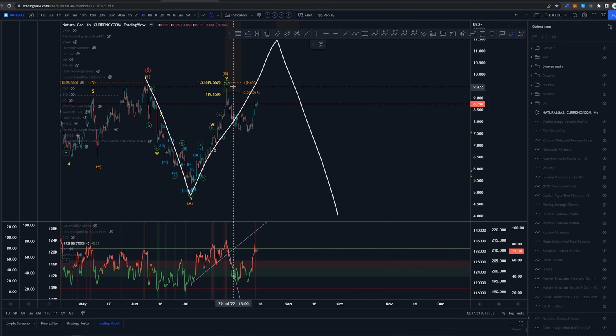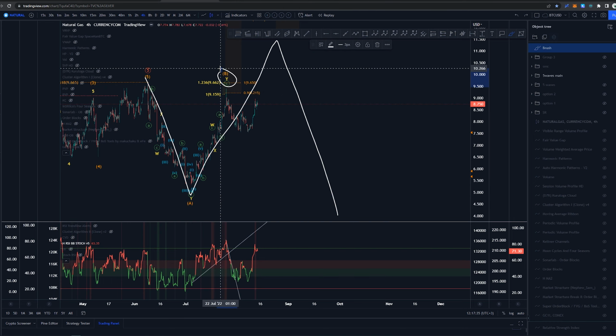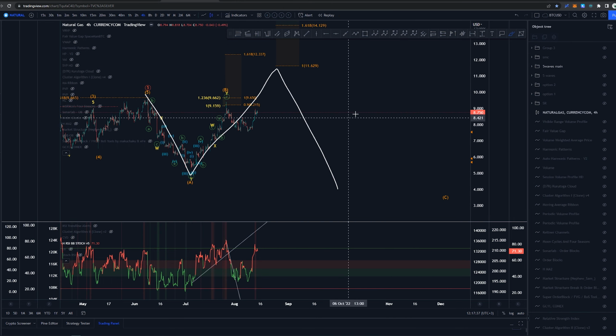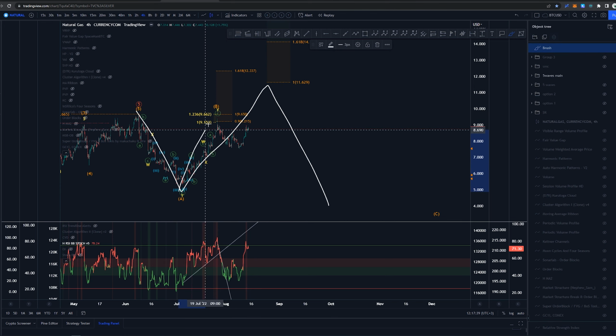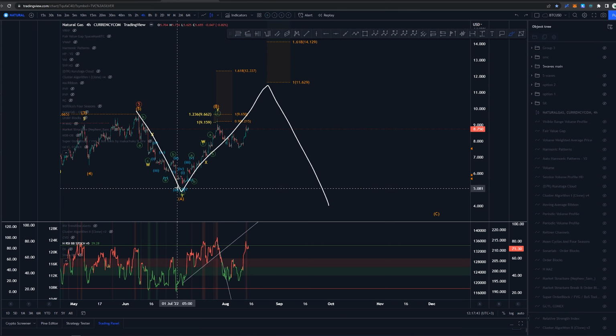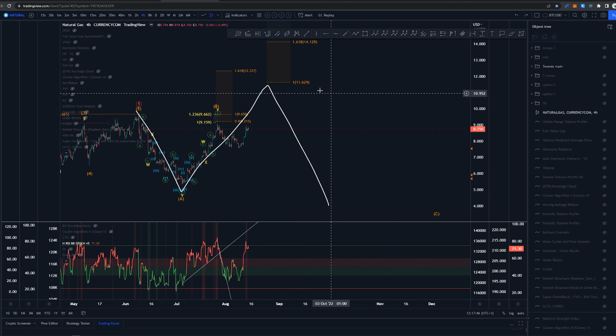If we are going to be taking out these current highs, then this is definitely not the wave B end. It is possible that we are going to be creating a 3, 3, and 3 structure here, creating some kind of WXY.